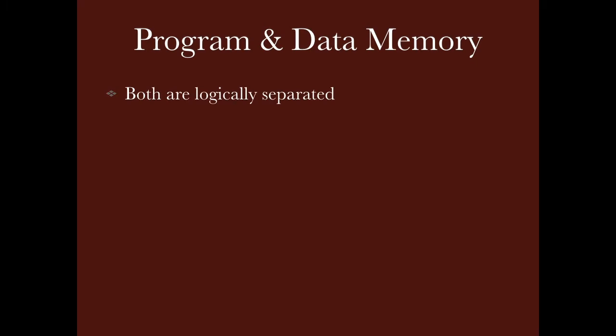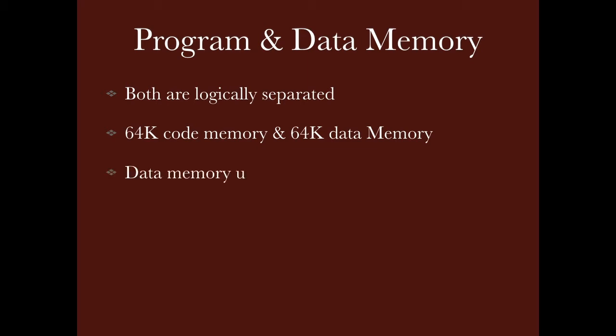The 8051 supports 64K of code memory and 64K of data memory. Both are logically separated. How are they logically separated? The control signals used for the two memories are different, so we call them logically separated.